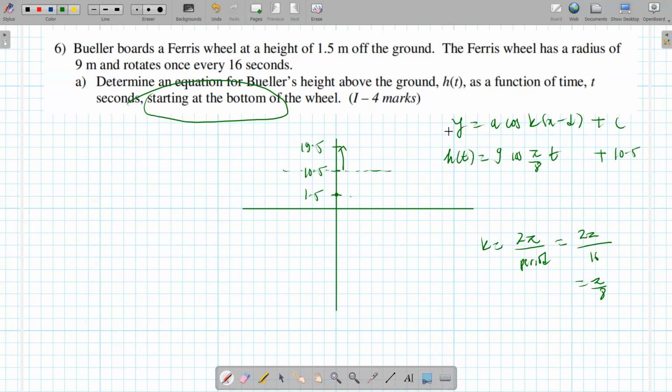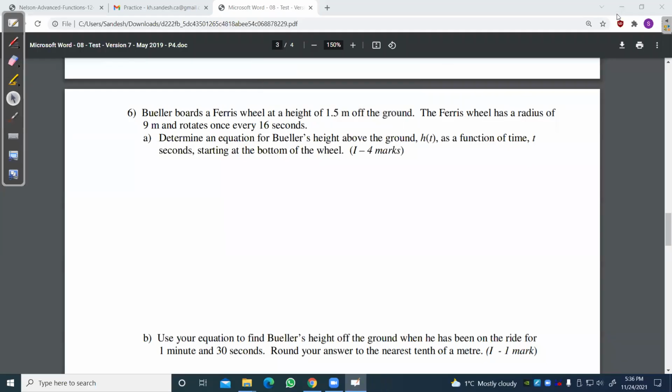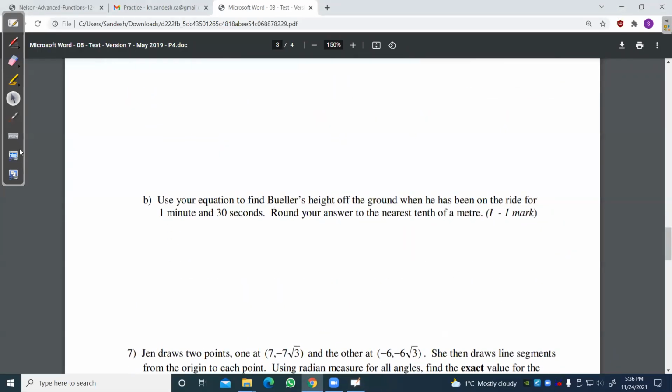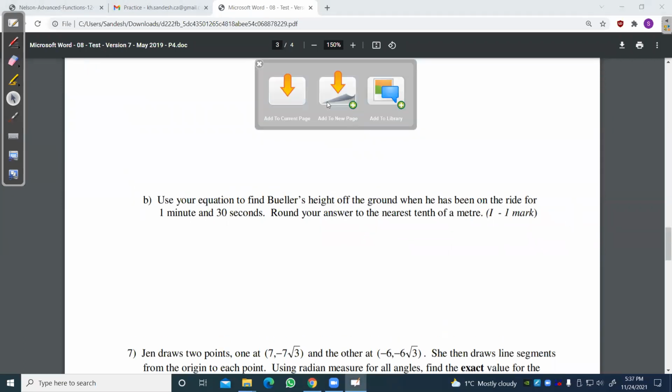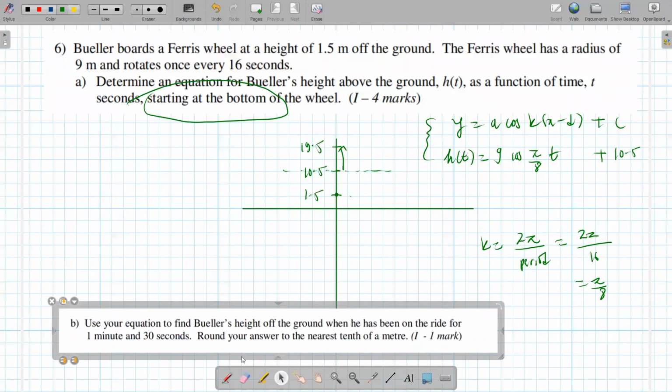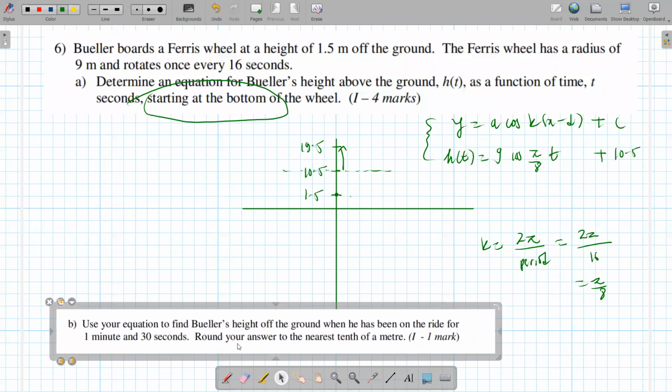Okay. Part B, use your equation to find this guy's height when he's been on the ride for 1 minute and 30 seconds. Very simple question. It's just a plug and chug question. You would just plug 1 minute and 30 seconds into the equation that you have.